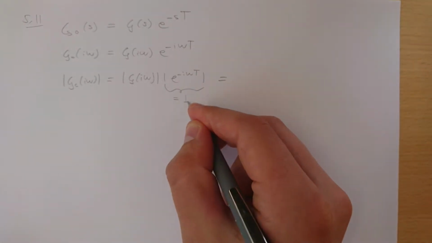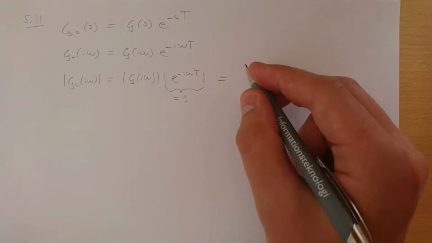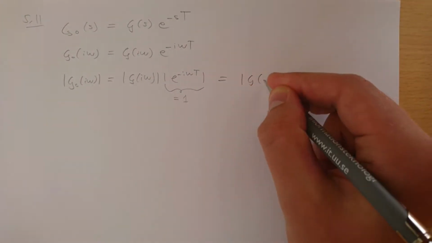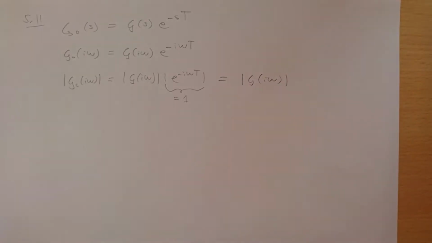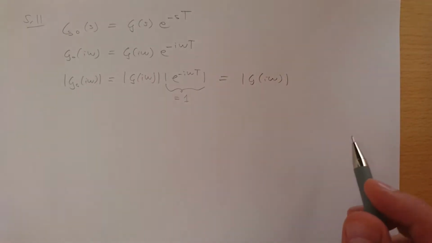So the magnitude of this one is 1, which means that the magnitude of G0(iω) is equal to the magnitude of G. So the time delay is not affecting the magnitude curve. And that makes sense, right? Just intuitively. Even if we have a time delay between our measurements and our input signal, that shouldn't affect how the output signal is amplified. You should have the same relation there. So the magnitude curve is unchanged.